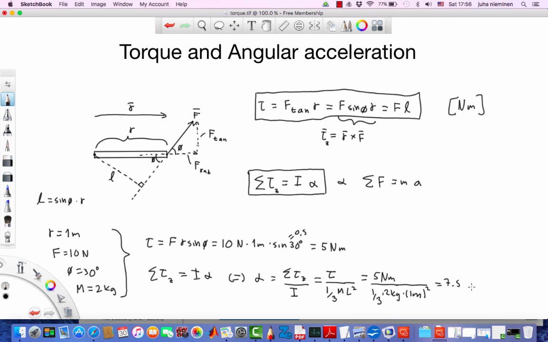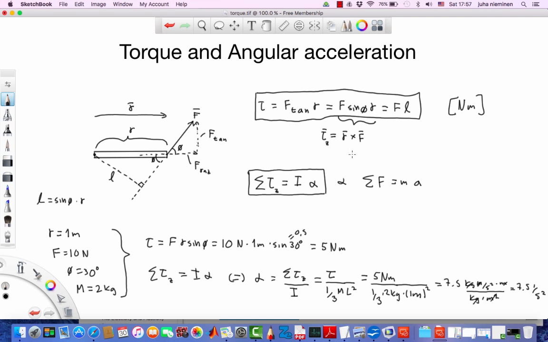Newton meters, where newton is kg m divided by second squared, times meter from here, divided by kg times m squared. So kg's go away, m squared go away, so we are left with 7.5 1 over second squared. So 7.5 radians per second squared is the angular acceleration in this case.